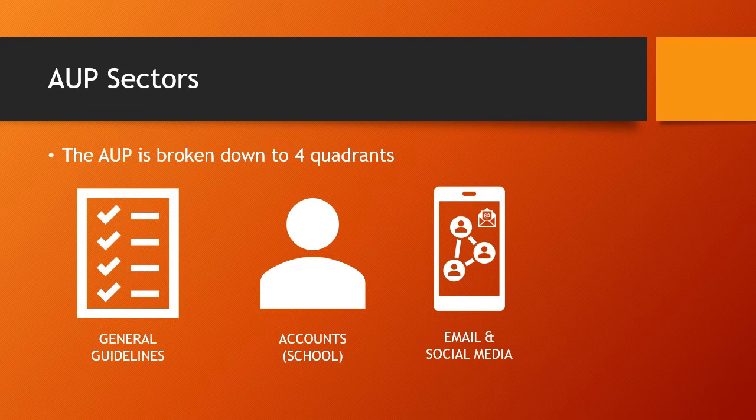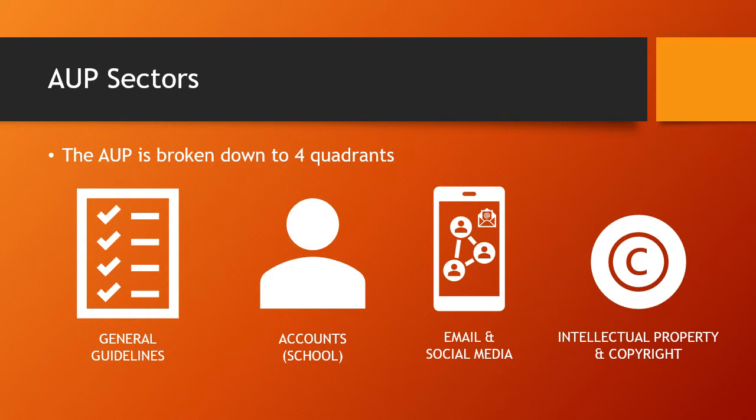The third quadrant talks about email and social media. You have gone through this segment before with Mr. Chan Weng Kit on cyber wellness modules. And the last quadrant talks about intellectual property and copyright. So let's look in detail at these 4 quadrants and what it is all about.